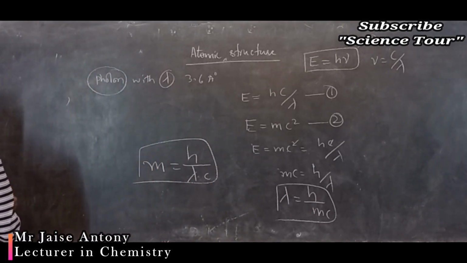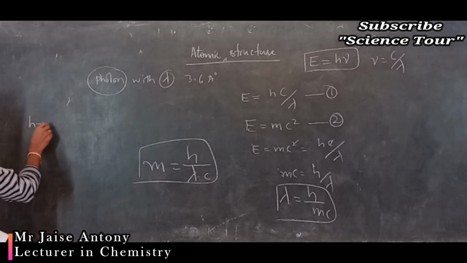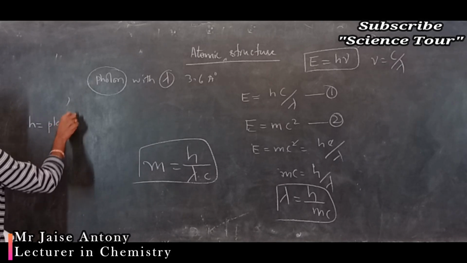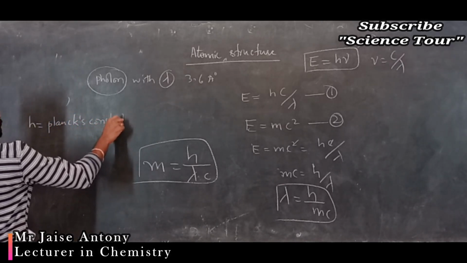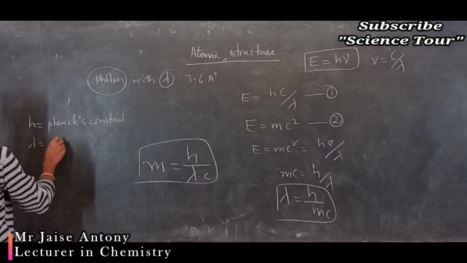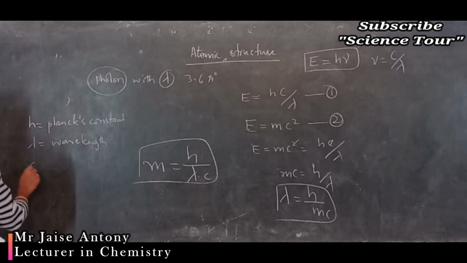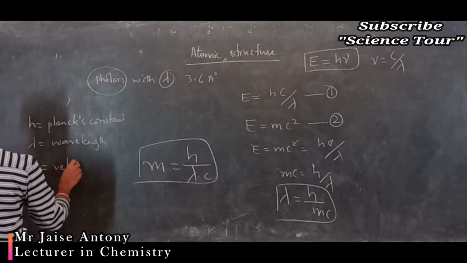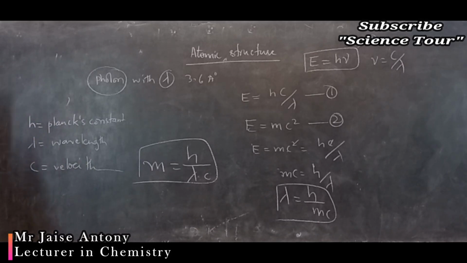Here, my dear students, h is Planck's constant. Lambda is the wavelength, it is given. c is the velocity of light, 3 into 10 to the power 8. This is given.